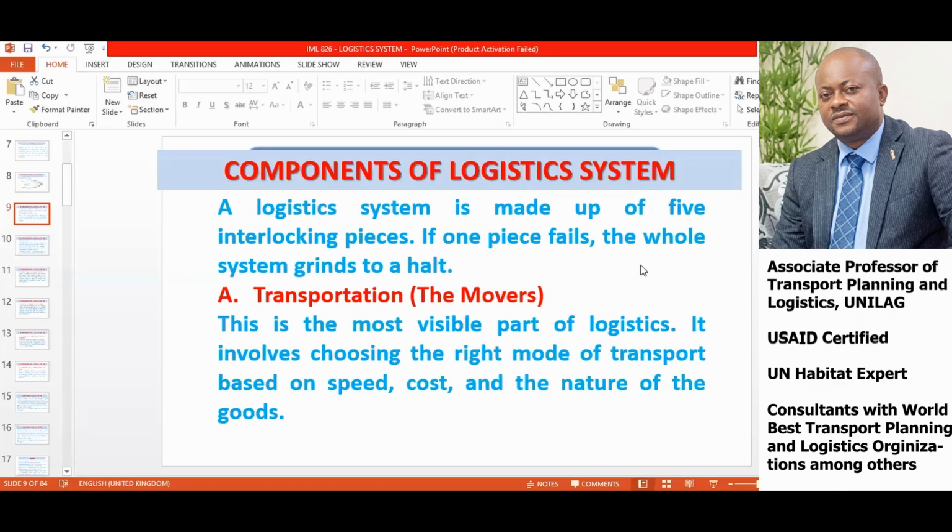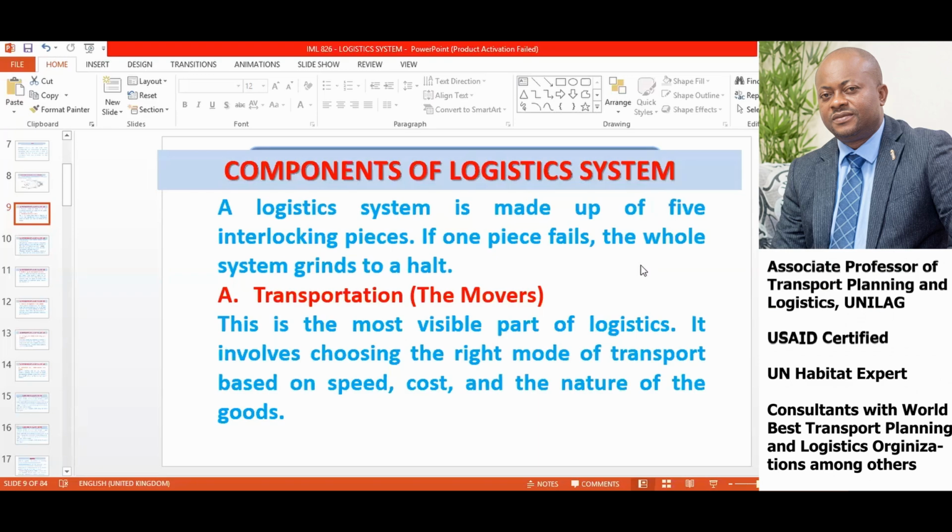It involves choosing the right mode of transport based on speed, cost, and the nature of the goods. The other time we talked about the costs of moving those items in such a way that you, as the business logistician, will not run at a loss. So this time around, we're emphasizing again that this is the most visible part of logistics.